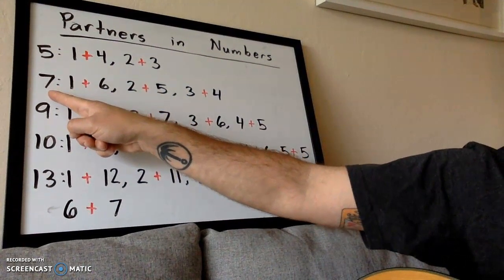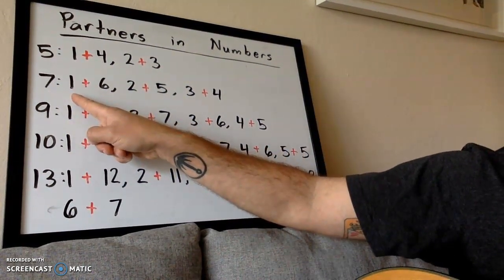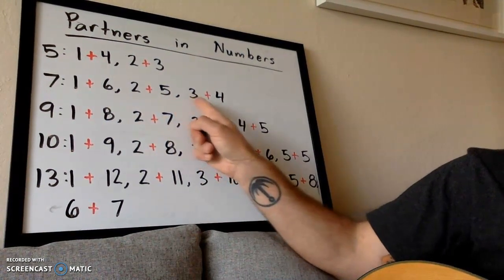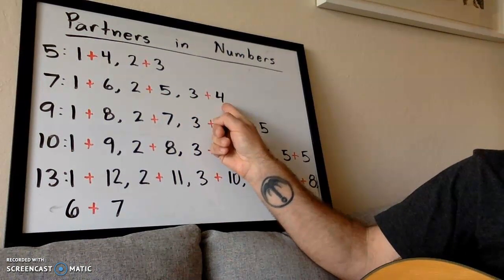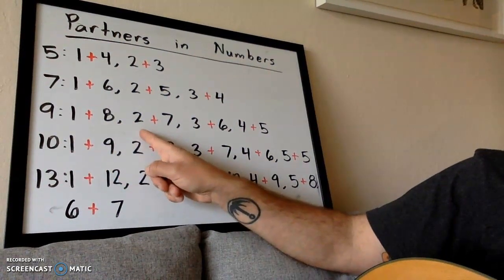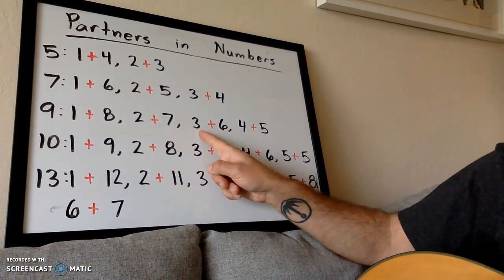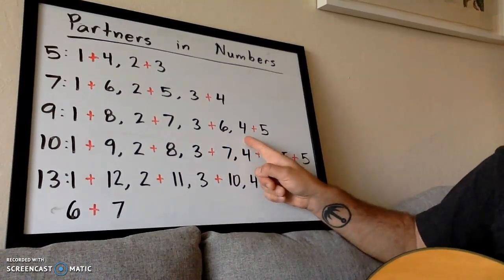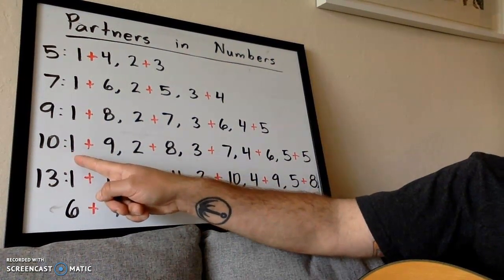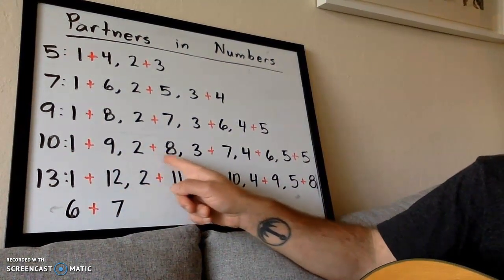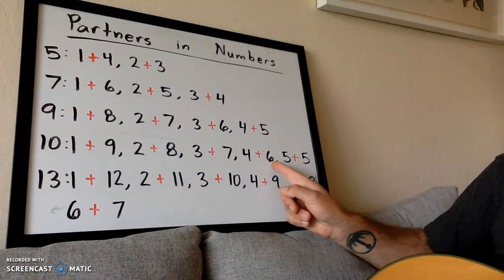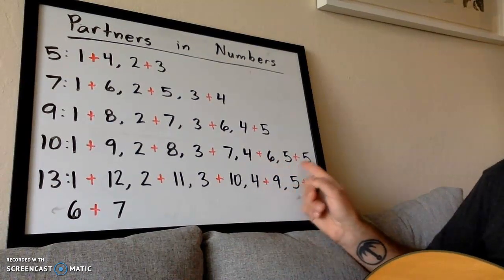Now what about 7? 1 plus 6, 2 plus 5, or 3 plus 4. 9 could be 1 plus 8, 2 plus 7, 3 plus 6, or 4 plus 5. 10 would be 1 plus 9, 2 plus 8, 3 plus 7, 4 plus 6, and 5 plus 5.